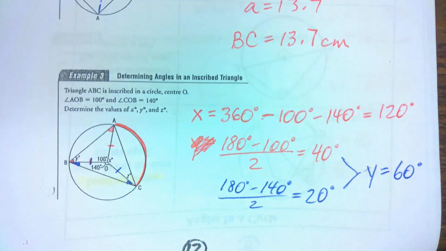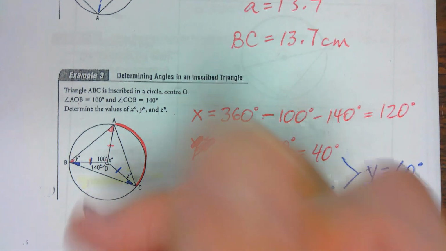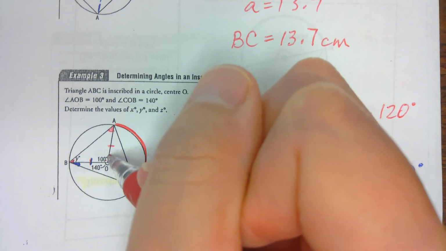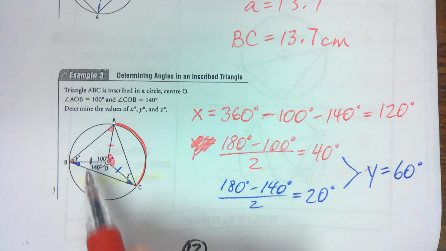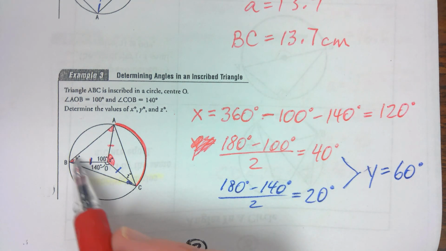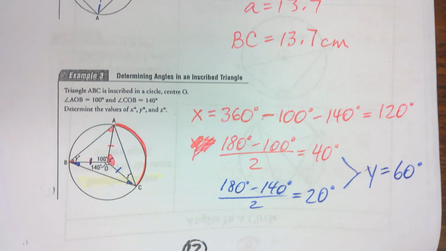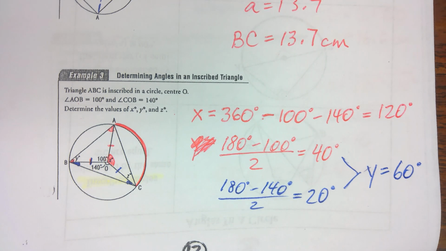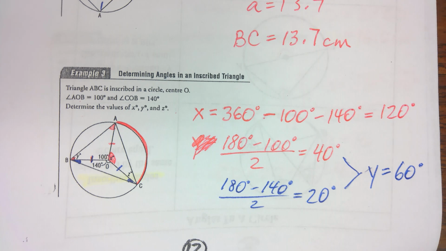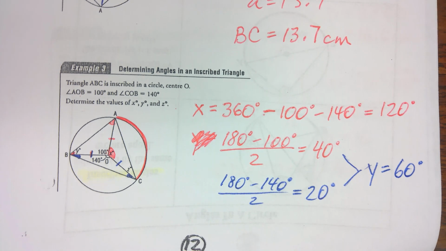All right, so AC right here. If you look at the arc AC, this is your central angle, which means this is your inscribed angle. So that angle right there is half of it, which is 60. Okay, good job.